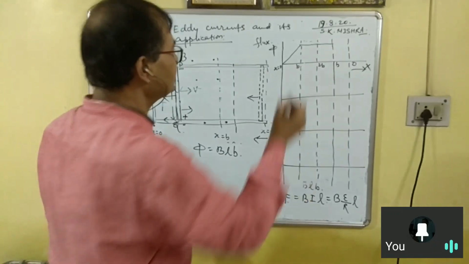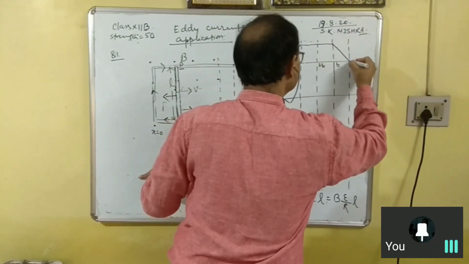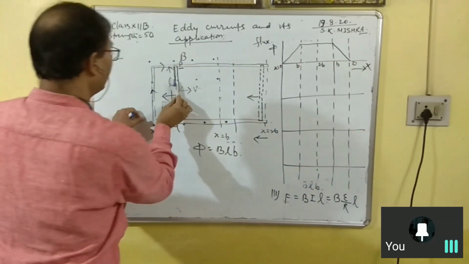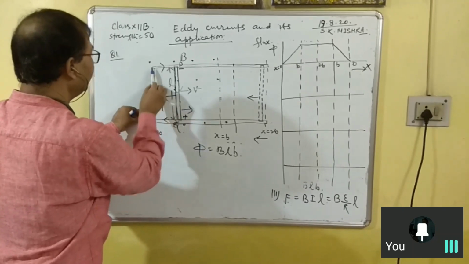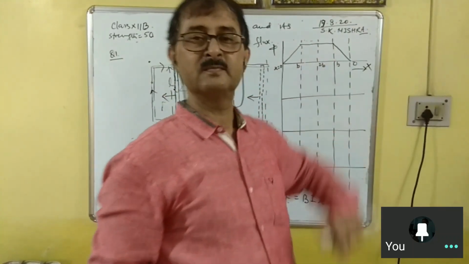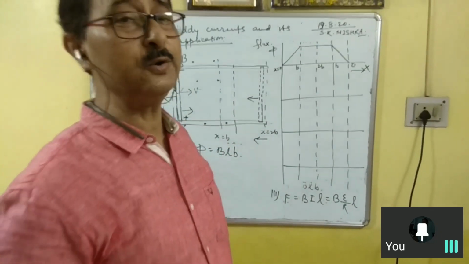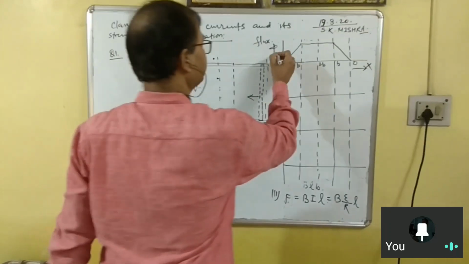The moment you are at the initial position x is equal to 0, this rod is just touching this last end, the area bounded is 0, so no question of flux. Am I clear to you? This is the variation of flux with x.